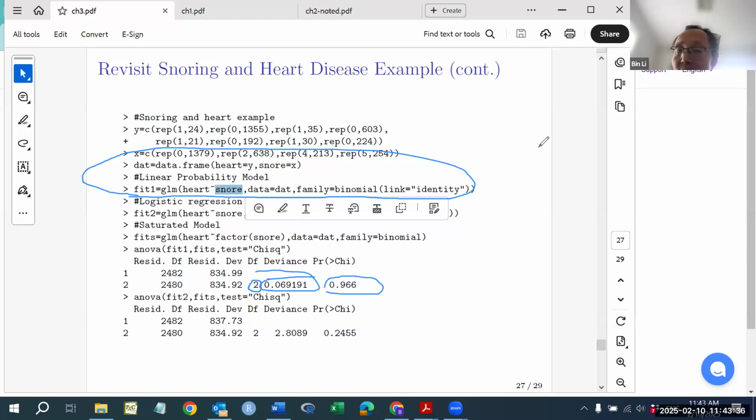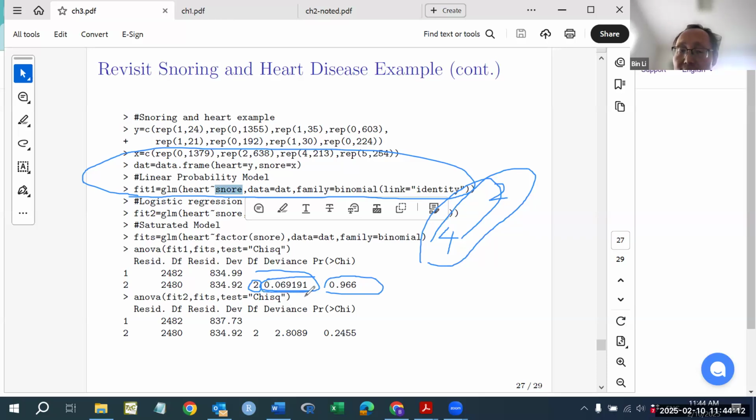Why is it 2? Because as I said, for the saturated model, we have 4 parameters. For this one, we have only 2 parameters. So what's the difference between 4 and 2? That means the model of interest has 2 fewer parameters compared to the saturated. So the difference in the number of parameters is the degrees of freedom here.